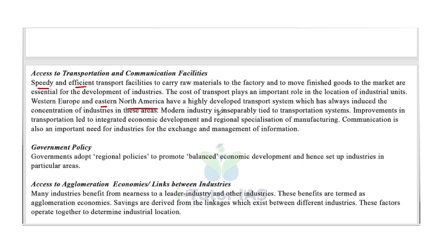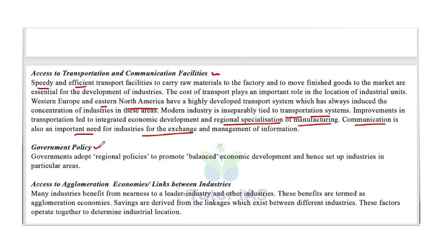Modern industry is inseparably tied to the transportation system. Improvements in transportation led to the integrated economic development and regional specialization of manufacturing. Communication is also an important need for industries for the exchange and management of information. Okay, so that's access to transportation and communication facilities. This is also important for the location of an industry.